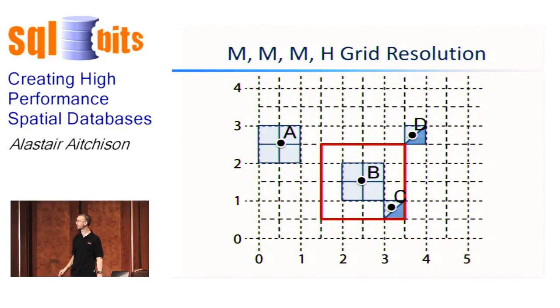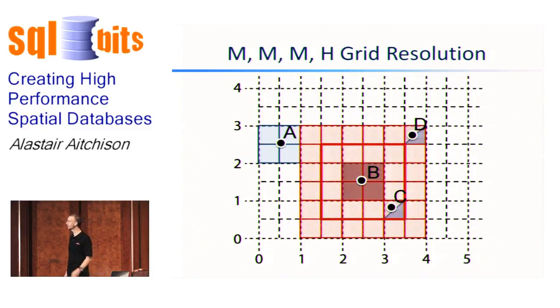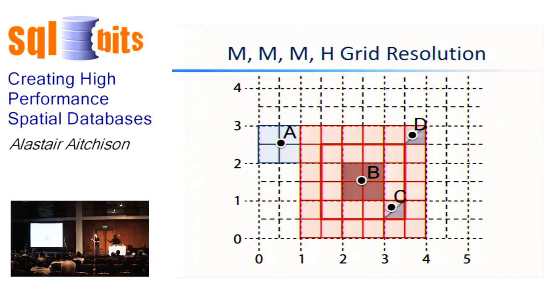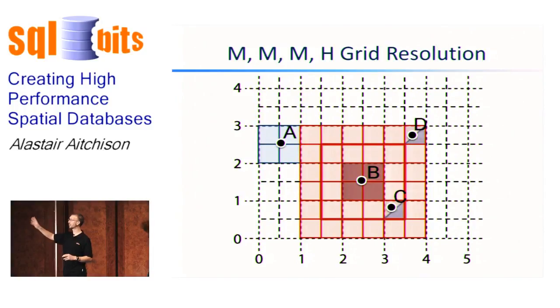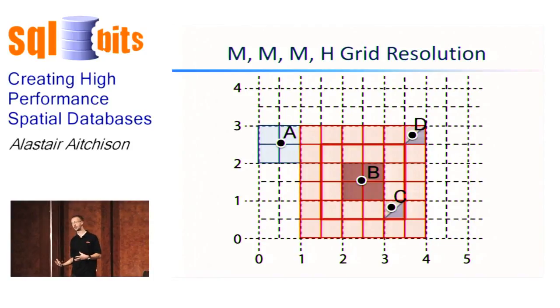And what's even worse is when we then come to tessellate the red polygon to that same index, we find out that we now need 36 cells to fully describe that shape. There's 32 partially or border cells around the edge, and there's 4 fully contained cells in the centre. And that will probably blow your cells per object limit.